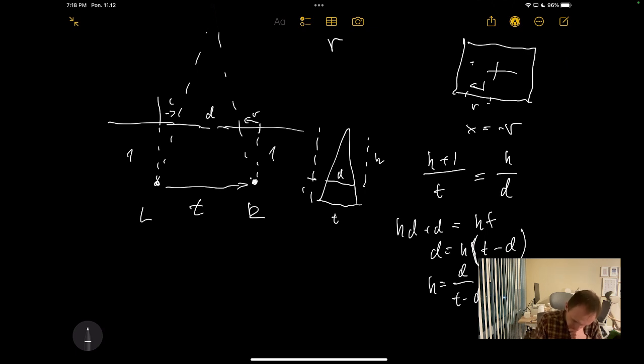And then let's call this, so T is equal to D plus R plus R. So this is R plus R, right?